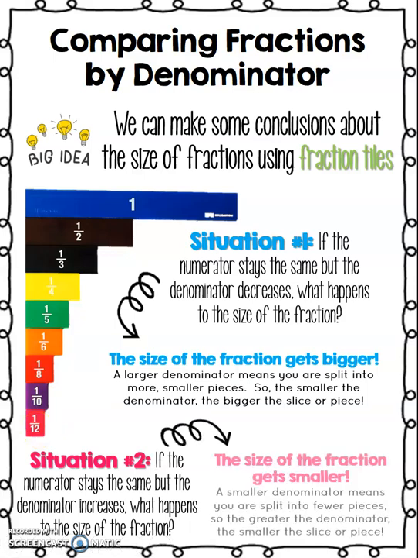When this happens, the size of the fraction gets smaller, because when we have a small denominator, we're split into fewer pieces. So the greater the denominator, the smaller the piece, because we have more of those pieces. The size of the fraction gets smaller as the denominator increases.